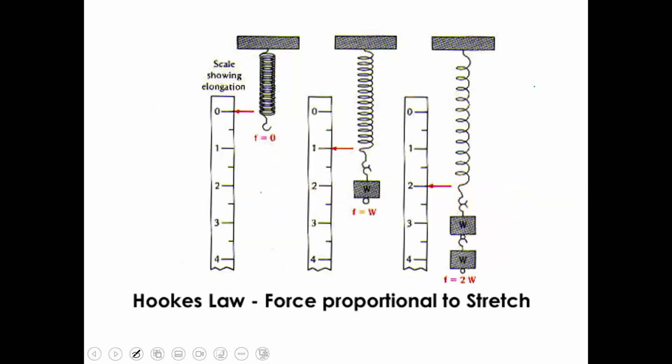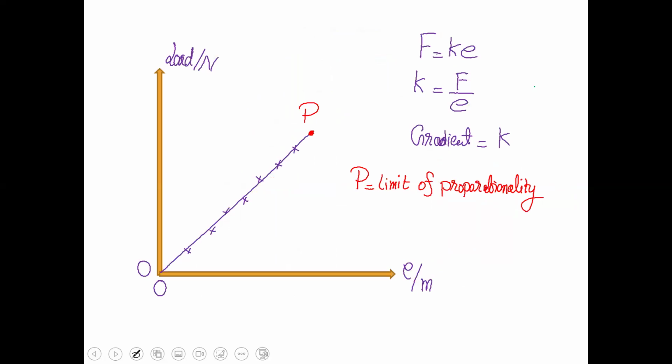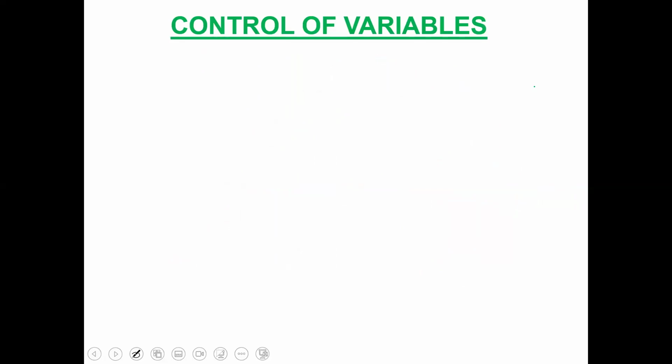The blue pointer will go down. We note down the extension. We draw a graph between load and extension, for different loads and extensions. The gradient of this graph will be constant, and it is the K. This is how we determine the value of K.